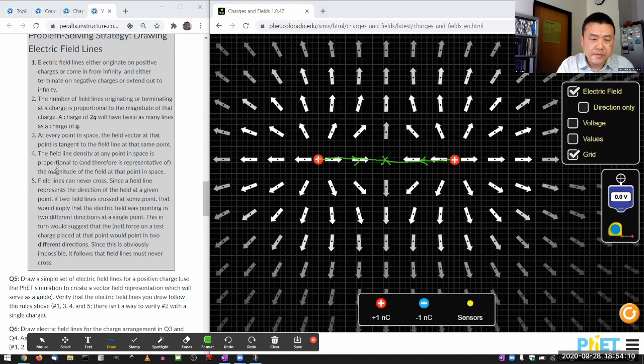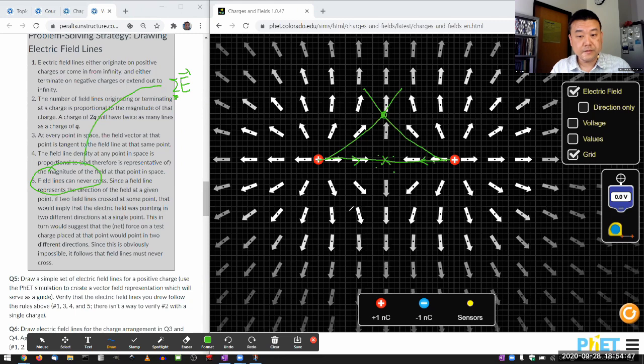What this statement really means is this. The electric field lines represent a single vector, the net electric field, the sum of all the electric fields. So at every single one of these points, there ought to be one vector representing the one net electric field. If you had field lines that cross, that would mean at this point you don't have a well-defined electric field.